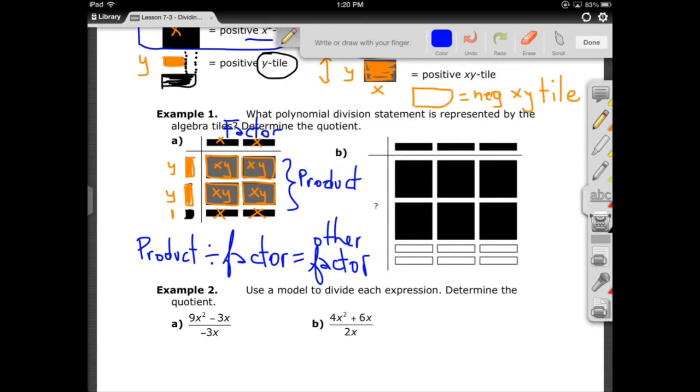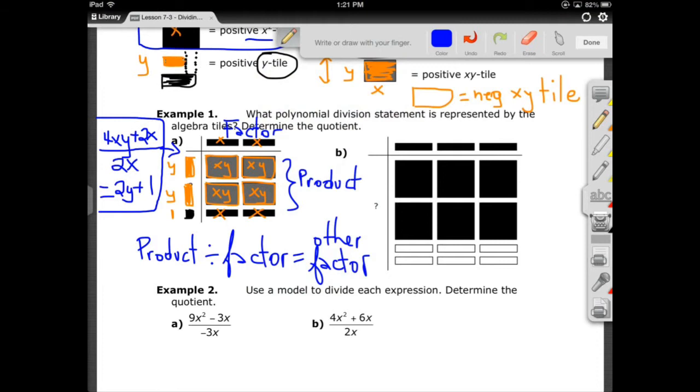So we could say that 4xy's plus 2x divided by 2x's gives us our answer, which is 2y's plus 1. So there it is. There's our answer to this whole mess over here.